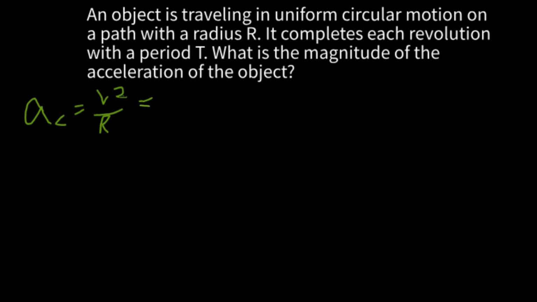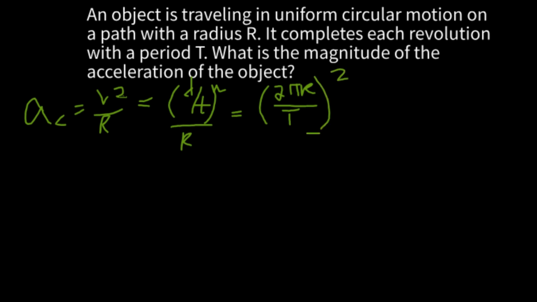And we know then that velocity is distance over time, and that would be squared divided by r. We know distance is 2 pi r. Our time is T because it travels 2 pi r distance in time of its period. Squared divided by r.